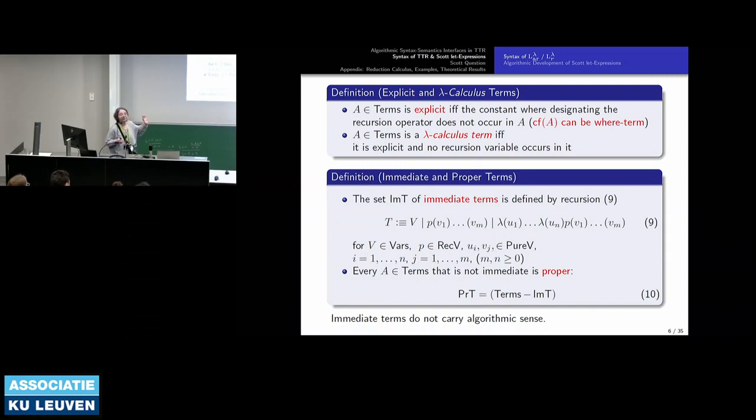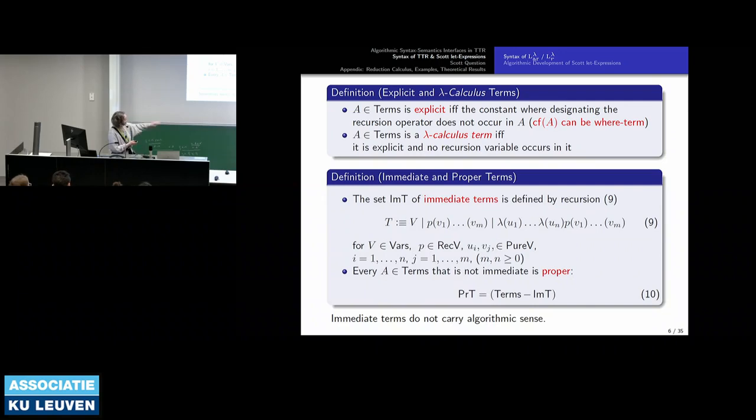Very simple application terms: p is a memory applied to pure variables, or it is a lambda abstraction of such a term. So here, why is there no algorithm? Because these are so simple, you get their denotation with no calculations, directly from the variable assignments and from the memory for p.